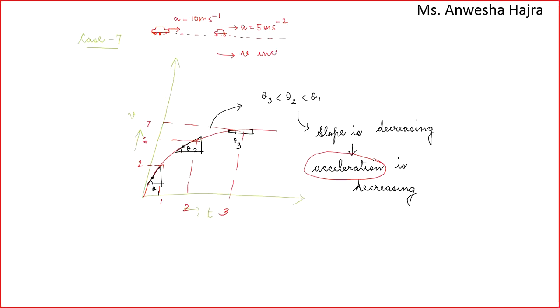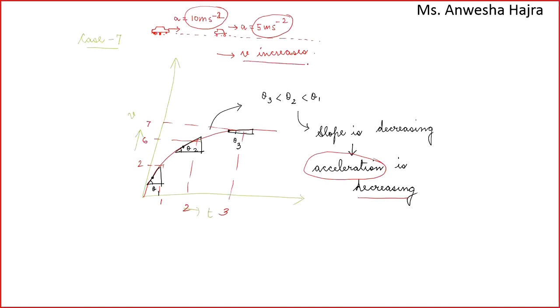But previously it was increasing with a rate of 10 meter per second square. Now it is increasing with 5. Your acceleration has decreased, but velocity increases. Acceleration decreasing does not imply that velocity decreases.